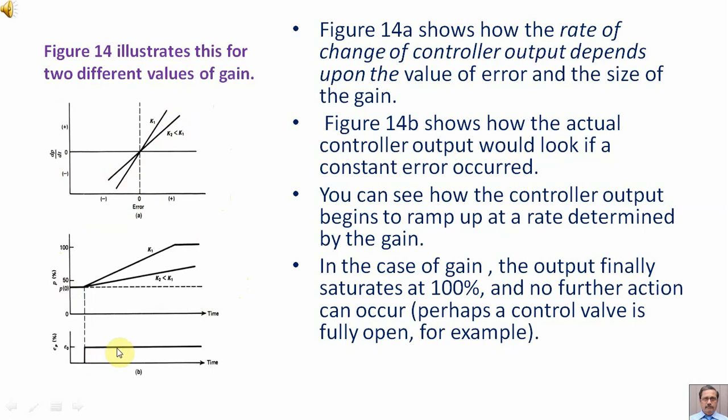This is the constant error and the controller output. For small gain, small output is coming out, and for large gain, large output is coming out. You can see how the controller output begins to ramp up at a rate determined by the gain.